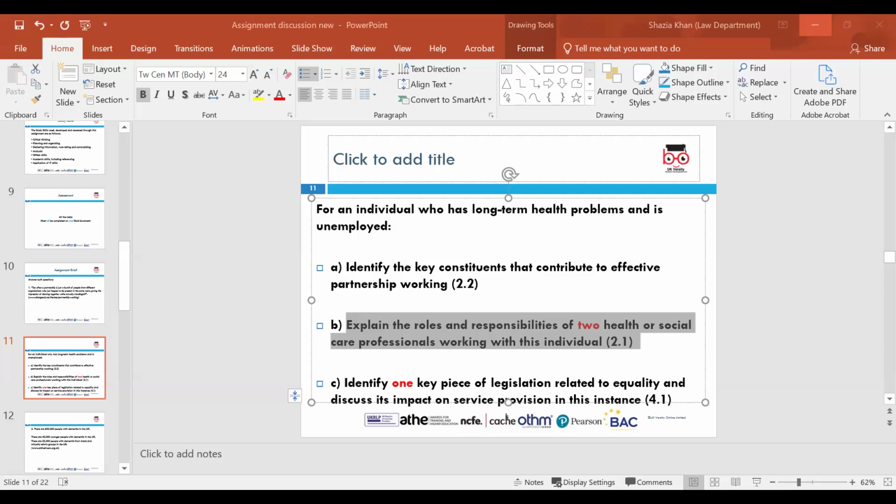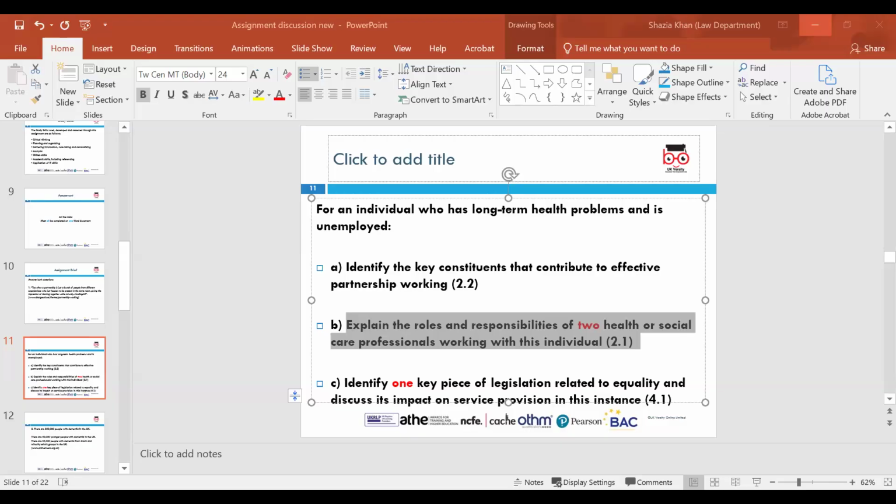But you need to make sure it applies to this person, an individual who has a long-term health problem and is unemployed. So you need to look at 2 healthcare professionals. Do you understand that? Excellent.